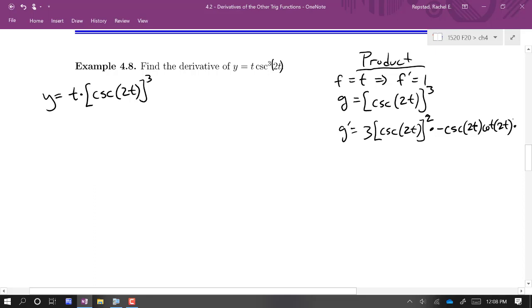And then one more layer to the chain rule here, multiplied by the derivative inside the cosecant function, so we're going to multiply it by 2. Cleaning this up a little bit, we get a negative 6 times, and let's see, I've got a cosecant squared times cosecant, so we've got cosecant cubed 2t times cotan of 2t.